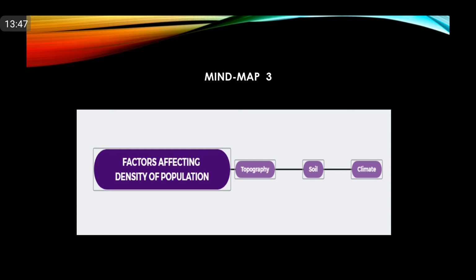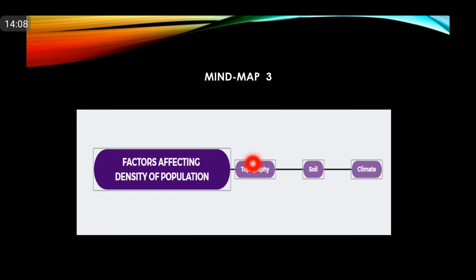For farming or agriculture, development of transport, industries and other economic activities, which tend to discourage concentration of population and its proper growth. That was your topography or terrain factor.